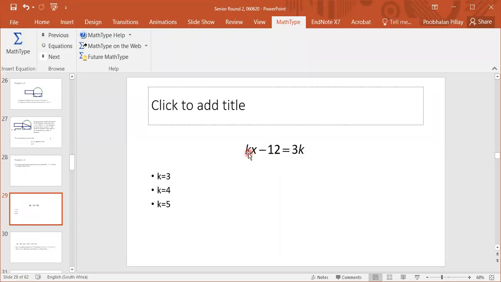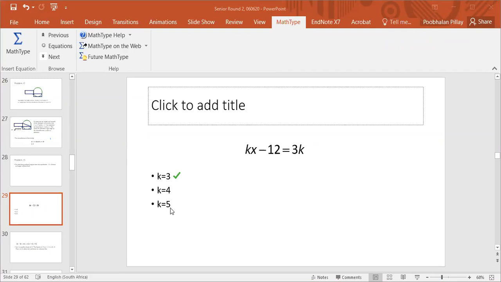So then you get 3x equals 9 plus 12, which is 21. And 3x is 21, x is 7. X is an integer, which means that when I put k equal to 3, you do get an integer solution. So k equals 3 is an acceptable solution. Hey, I'm getting pretty good at this.